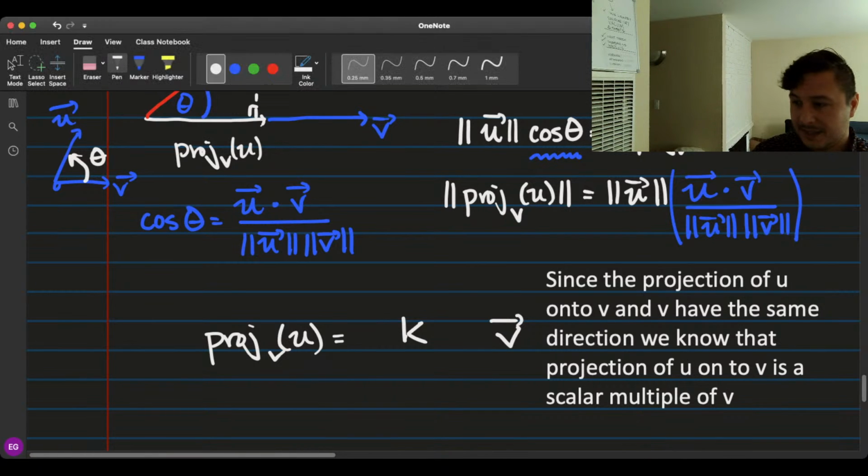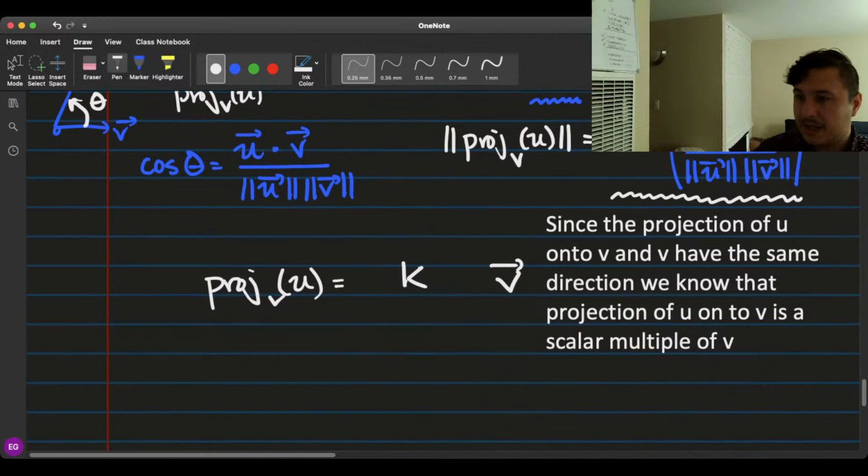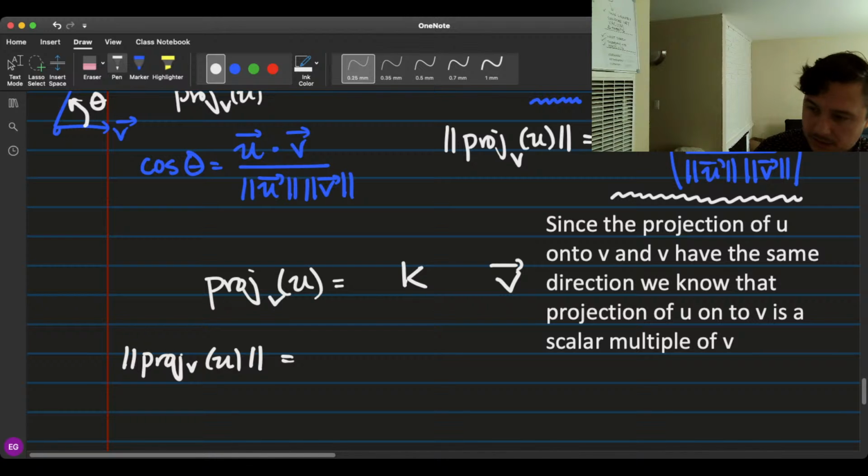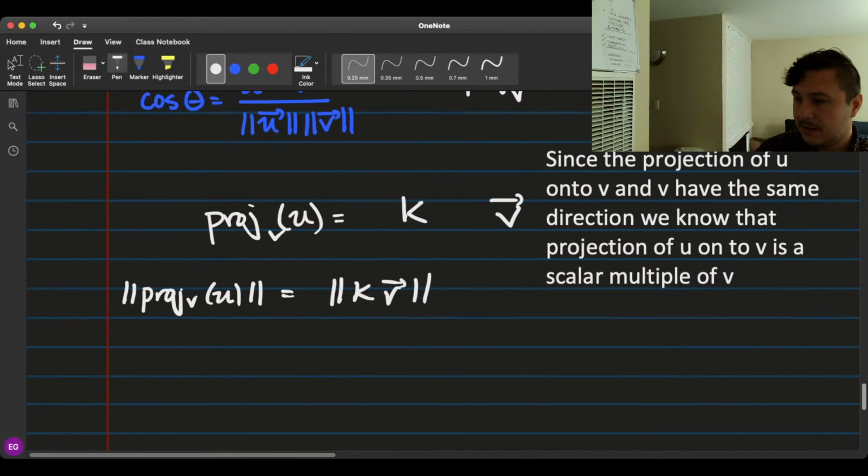Okay, we're on our last little step here. So you need to multiply the vector v by the appropriate scalar so that you get this length. So if you take the magnitude of both sides, so this would be like this.